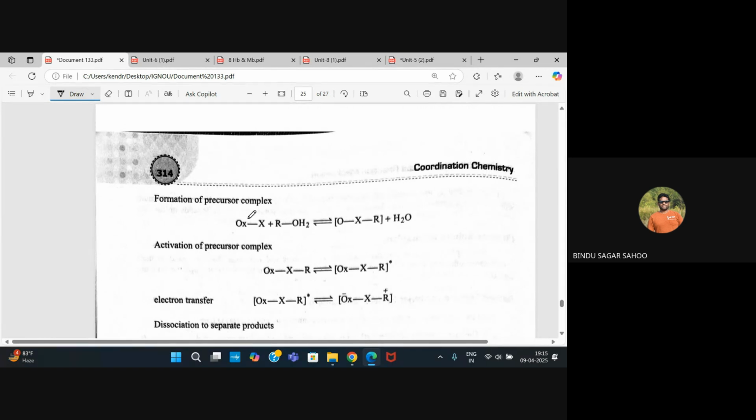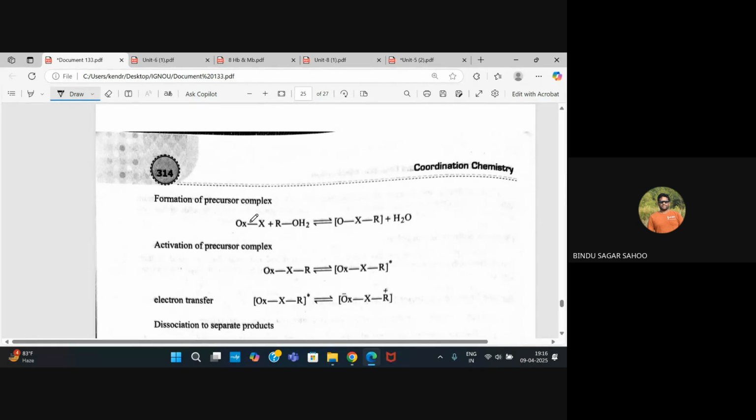When the two metallic complexes of oxidant and reductant react with each other, they will form a bond. O means oxidant, X means bridging ligand, and R will be the reductant. And a water molecule from the reductant side will dissociate to the outer side.